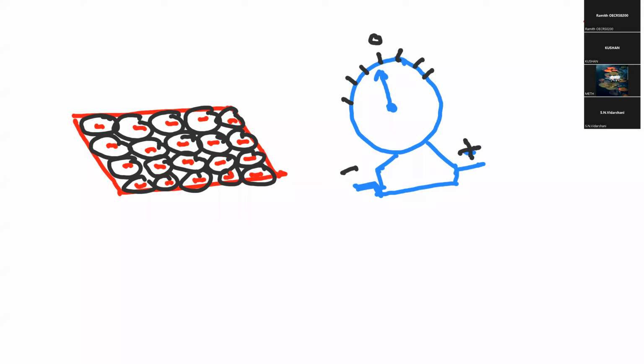Electrode දෙකක් තියෙනවා. එතකොට how can you label this galvanometer? On this side we label as positive 10, positive 20, positive 30.